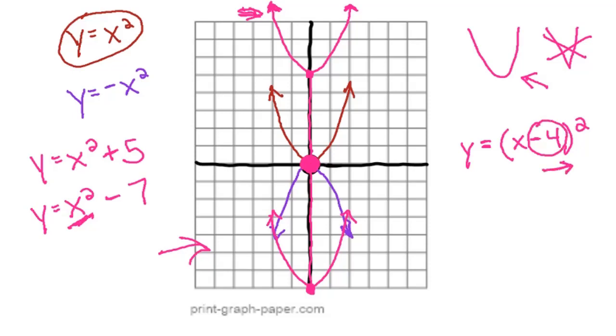I know it seems like you should be moving it to the left because it's a negative number, but just for these transformations that we're doing, just remember that it's the opposite of what it seems like. This is minus 4, so it's going to go to the right into the positive space. So 1, 2, 3, 4. There's the point, and the x is positive, so we're just going to draw our happy face.